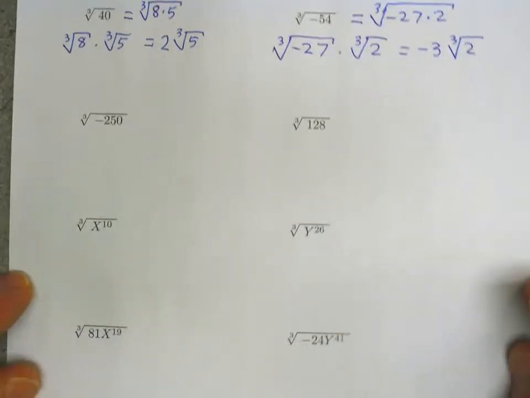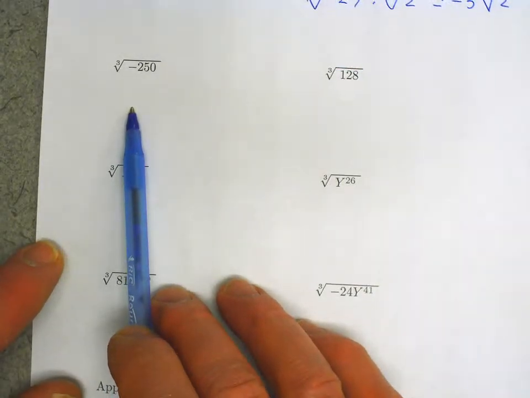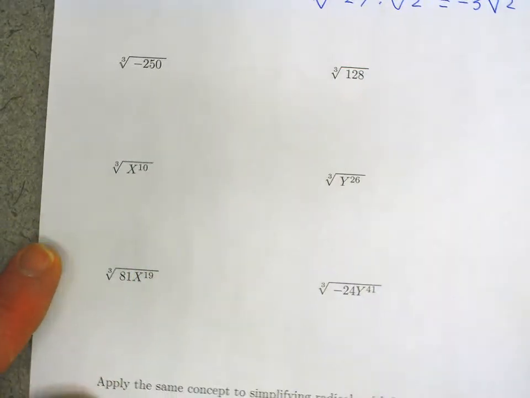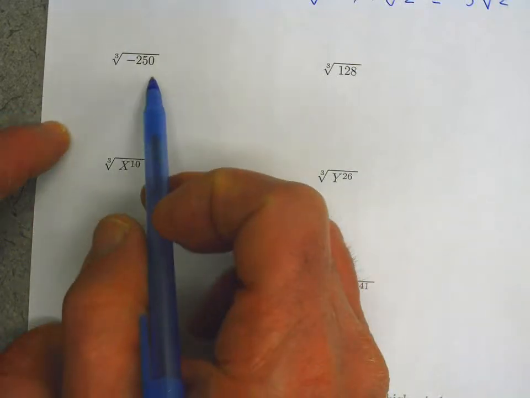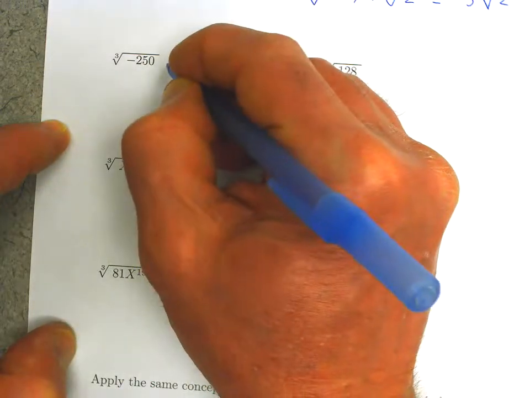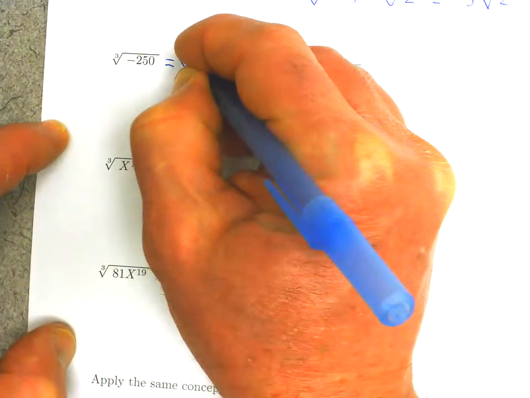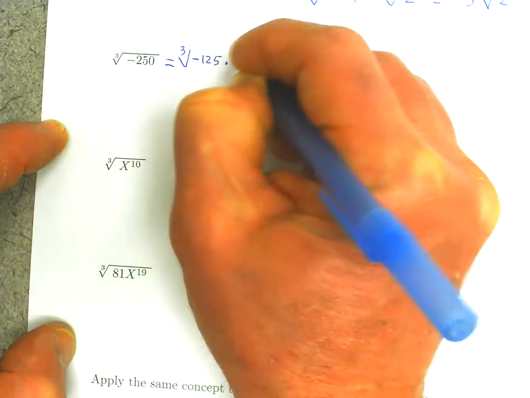Okay, the next example on the left, the cubed root of negative 250. 125 is a factor of negative 250, and 125 is a perfect cube. So we're going to rewrite the cubed root of negative 250 as the cubed root of negative 125 times 2.